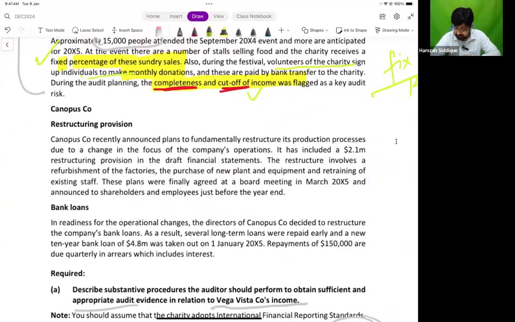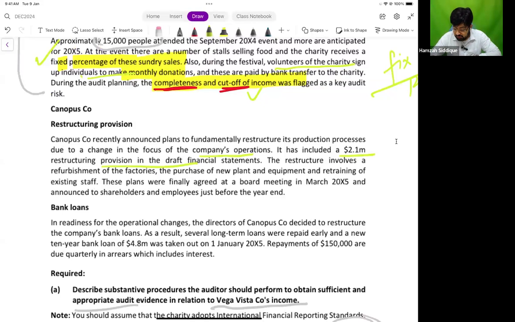Canopus Company restructuring provision. Canopus Company recently announced plans to fundamentally restructure its production processes due to a change in the focus of the company operations. It has included a 2.1 million restructuring provision in its draft accounts.